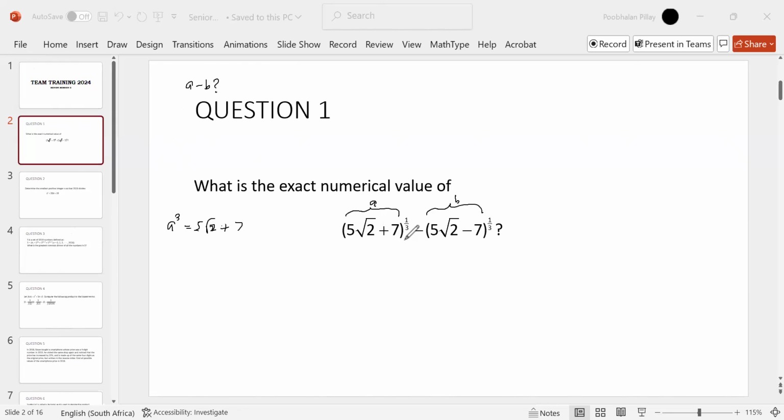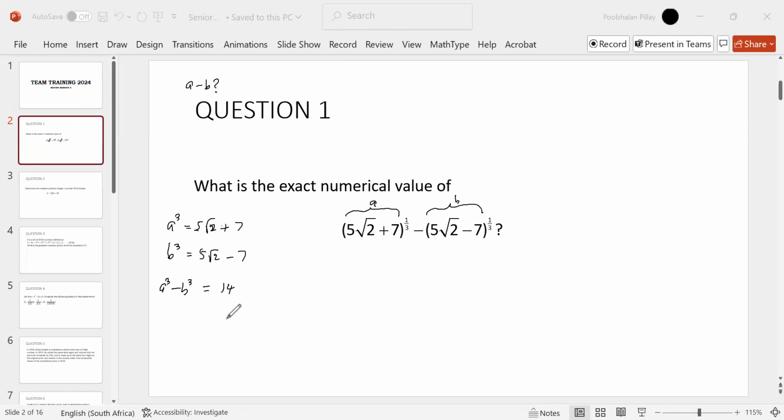All right, so immediately we can write down B cubed is 5 root 2 minus 7. And we can get an A minus B from these two things, because if I subtract these two, A minus B is a factor. The difference of two cubes, one of the factors is A minus B. So let's subtract these two, and what do you get? 14.